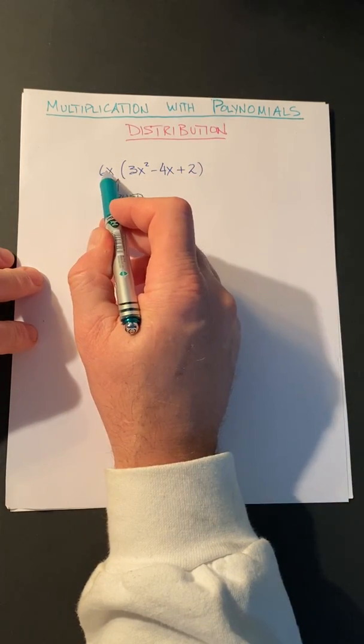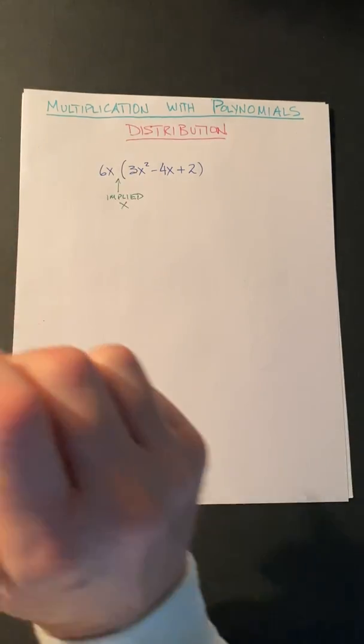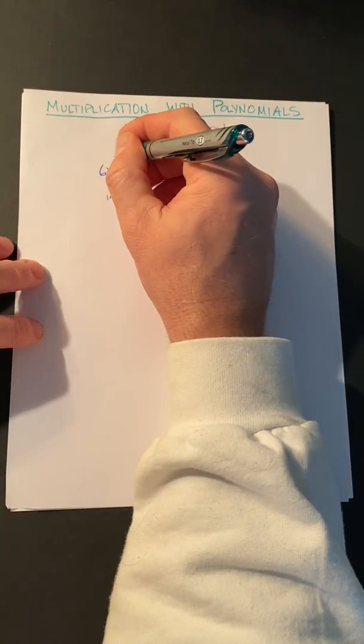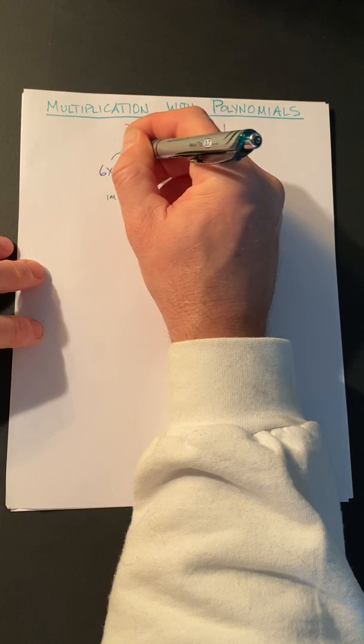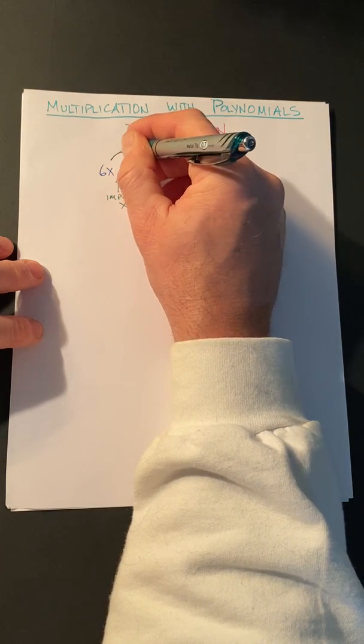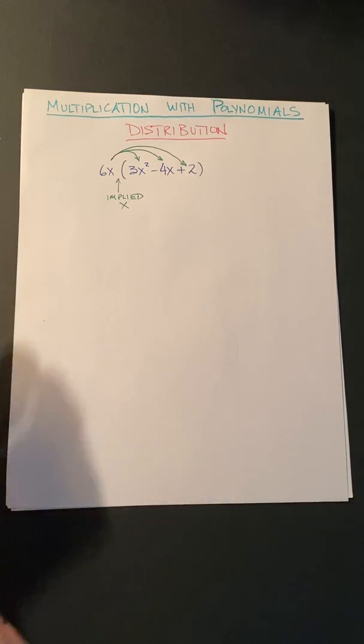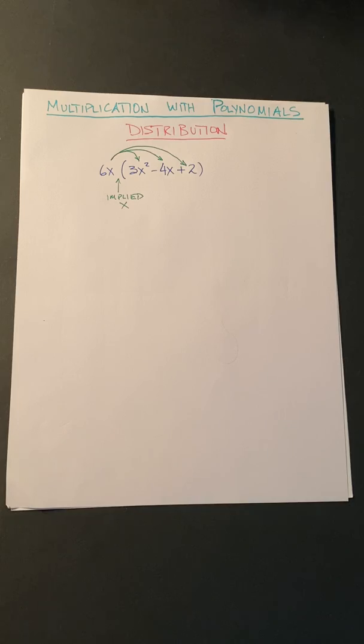So when I have a variable right up next to the parenthesis, I'm saying multiply. And the important thing here is I need to think in terms of multiplying what's outside the parenthesis by what is inside the parenthesis, okay?